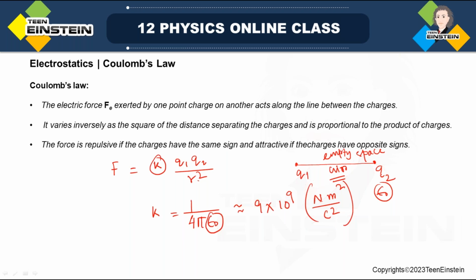But suppose these two charges are put inside the water, some other dielectric medium. So if we put the charges inside a dielectric medium, then how does it change? So that change we'll discuss.